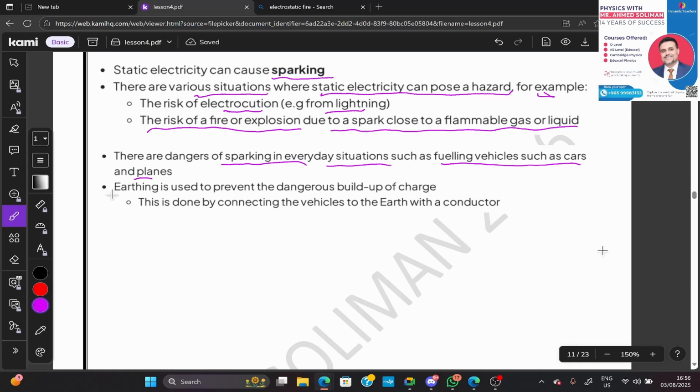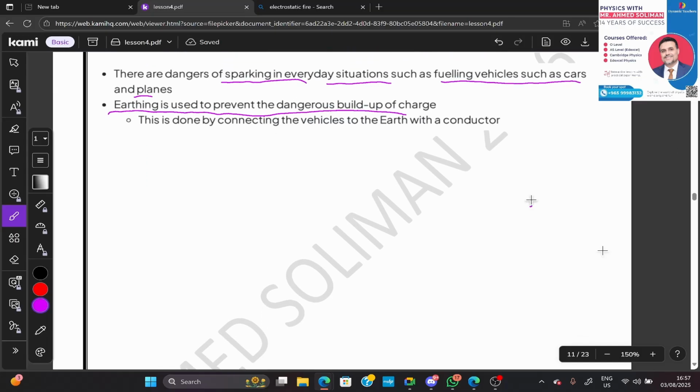You have to earth. Earthing is used to prevent this. Okay? Because as you know, if you make earthing, what will happen? For example, if the object gains negative charge, and for example your hand is positive, so now what will happen?